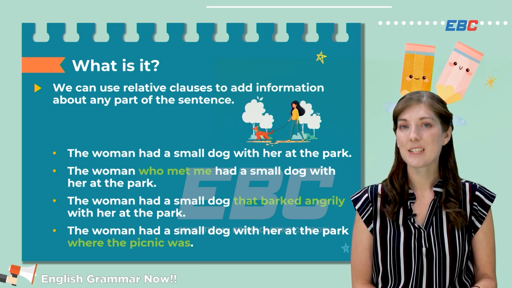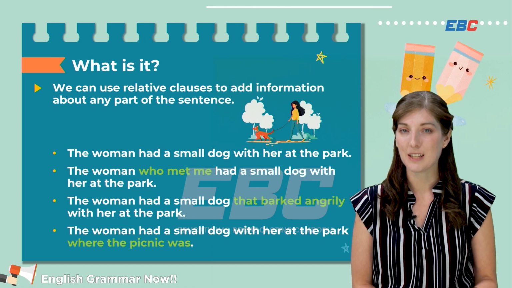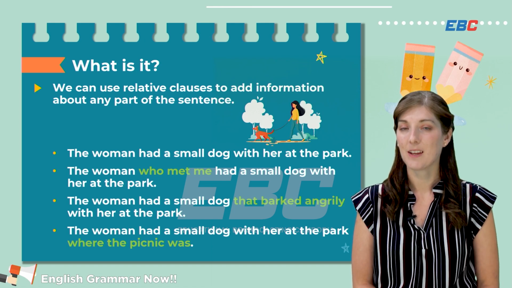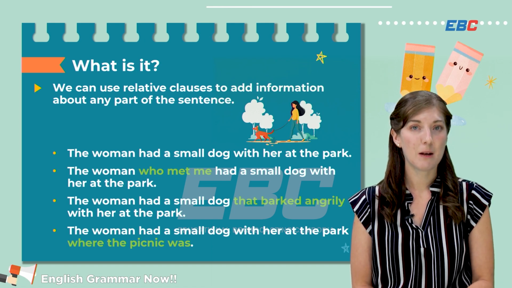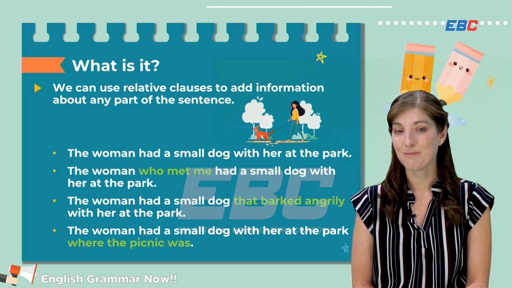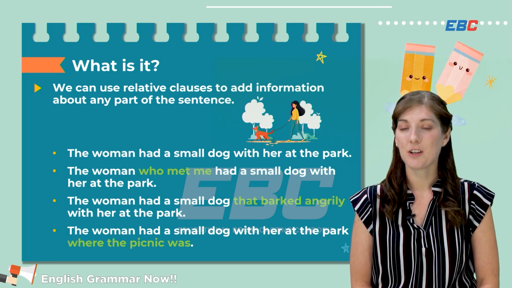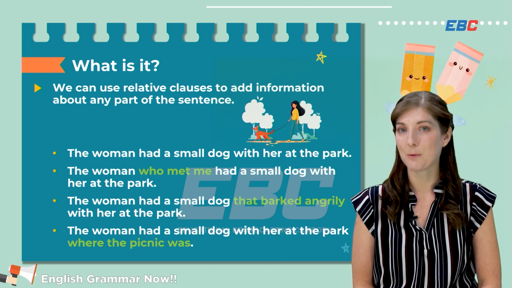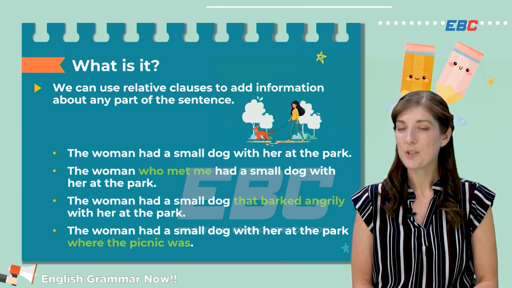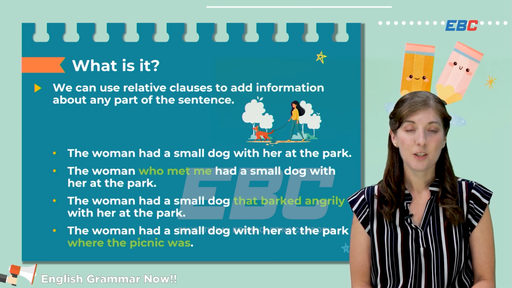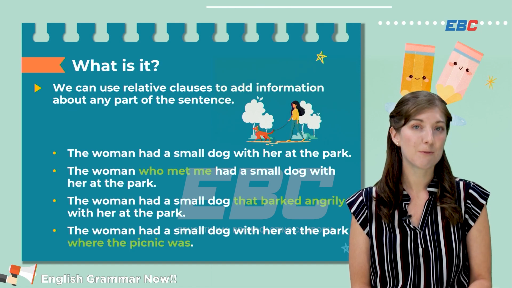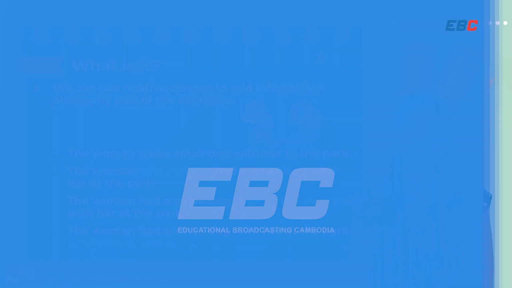The woman had a small dog who barked angrily with her at the park. Or we could add information about the park by saying this. The woman had a small dog with her at the park where the picnic was. So each of these relative clauses could add information about different parts of the sentence.